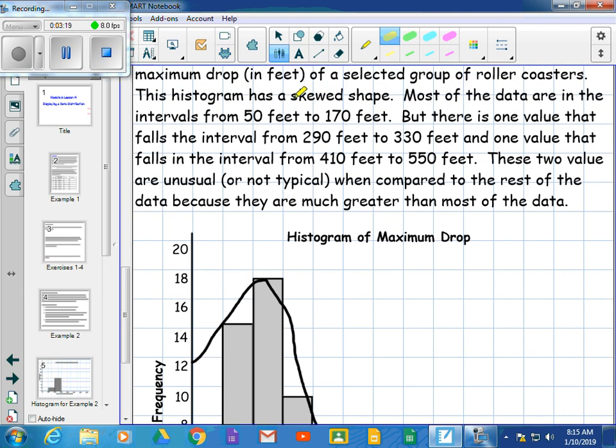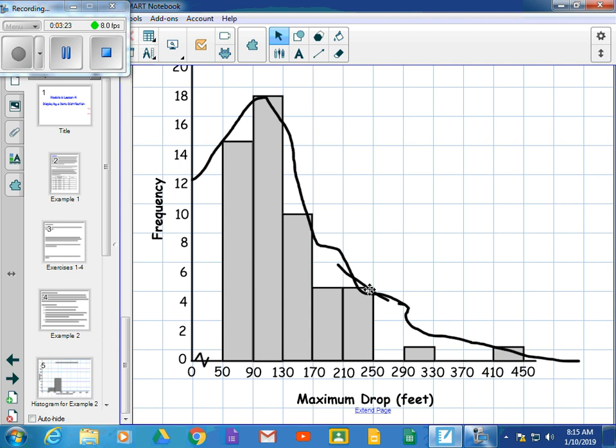We would say that this data distribution is skewed or tailed to the right. These pieces of unusual information don't match up with the rest of them. Most of the data is mound up between 50 and 130 or 50 and 170, but then we have these unusual ones that cause us to skew off to the right, tail off to the right.